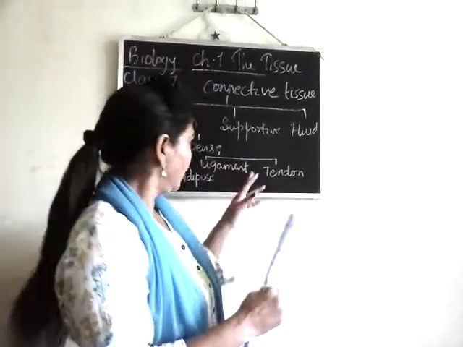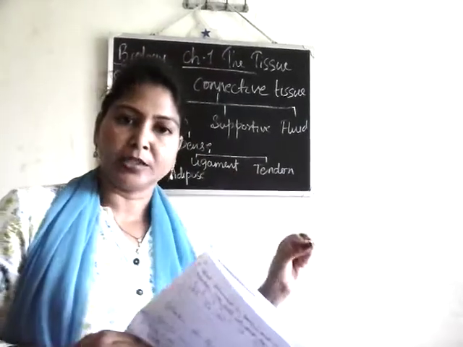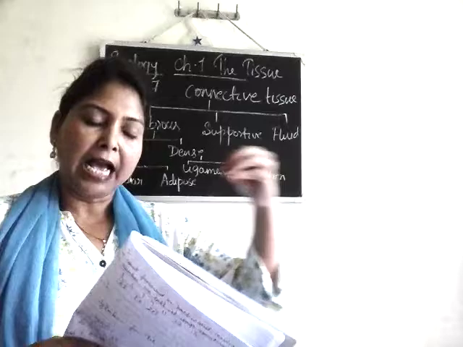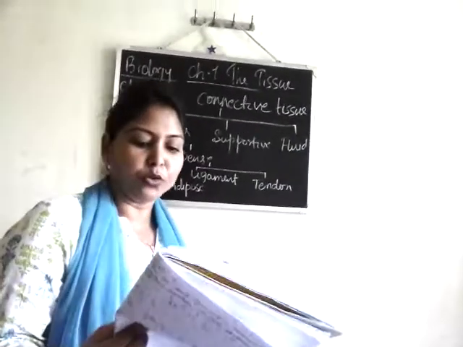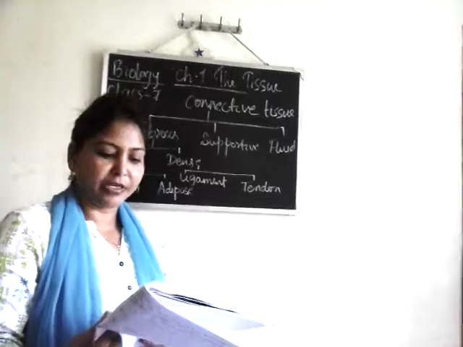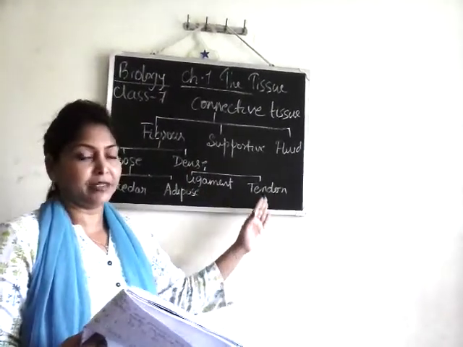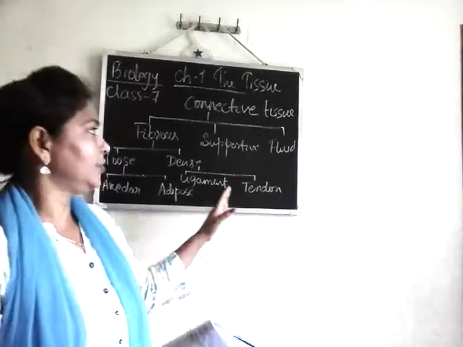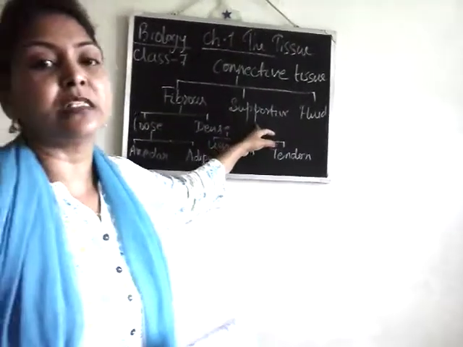So the function of ligament is to connect muscle to bone, and the function of tendon is to connect bone to bone. So this is the basic function of these dense fibrous tissues.